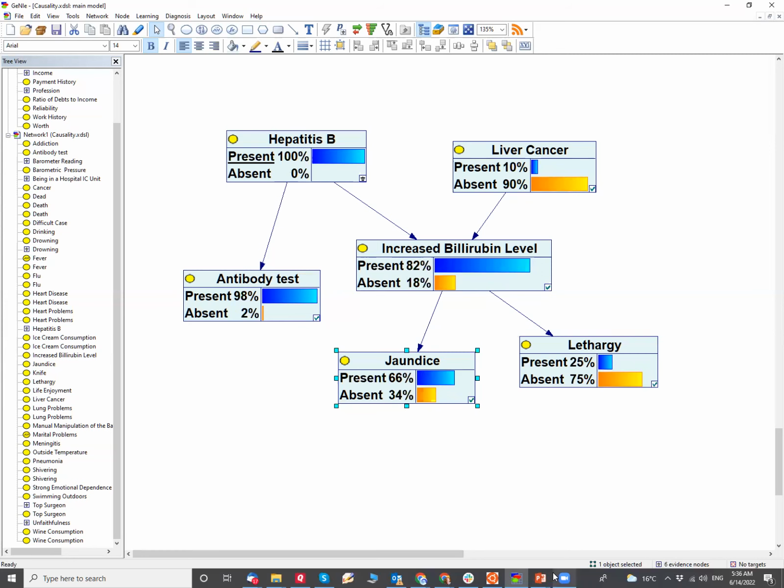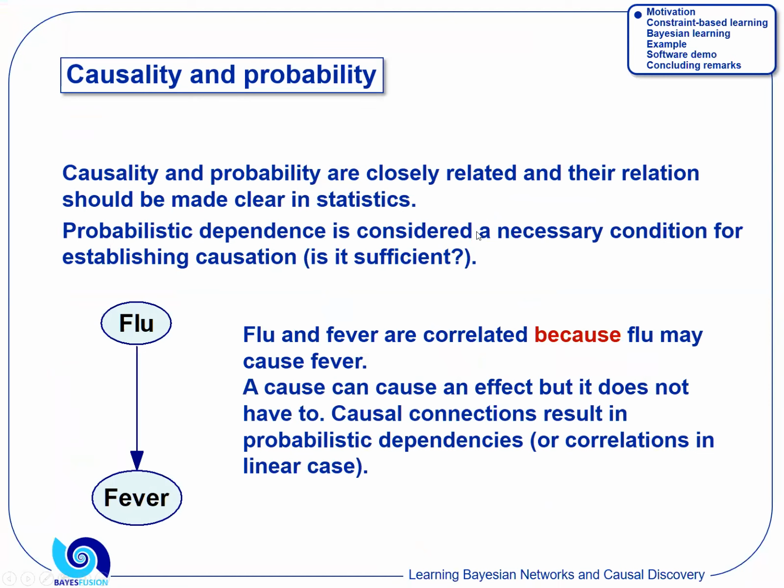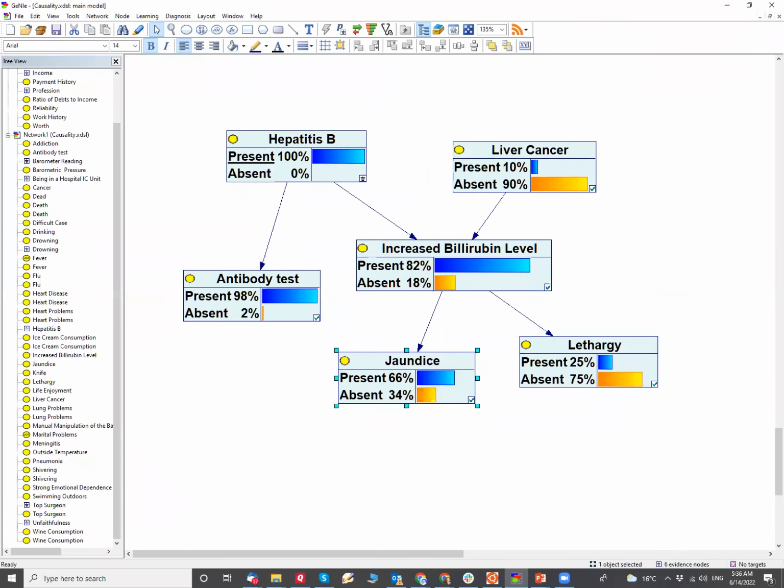So now, once we have this understanding of causation and dependence, please note that when I have data generated by this graph, what does it mean, generated by this graph? Well, there is some system in the world that can be modeled like this.